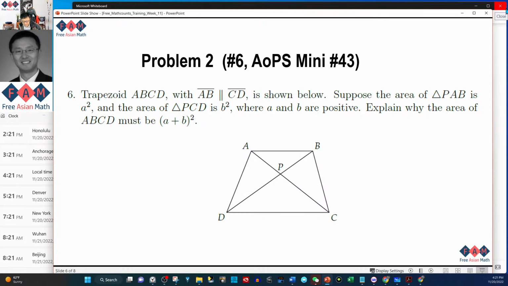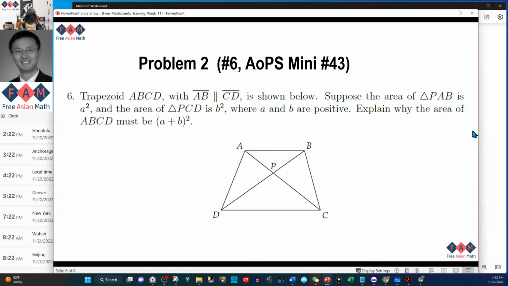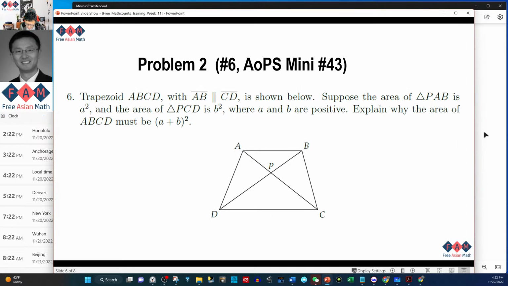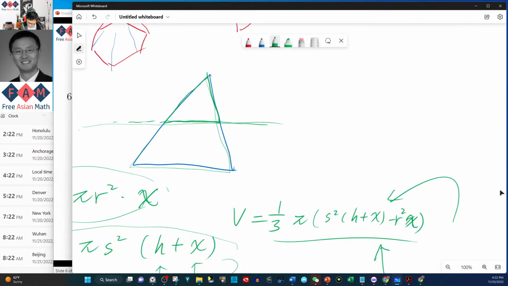And you can see that we can reason everything out in a straightforward way. Because triangle PAB is similar to triangle PCD, right? We have already learned that: in a trapezoid, the two diagonals intersect, giving you a pair of similar triangles. The area ratio is A squared over B squared.